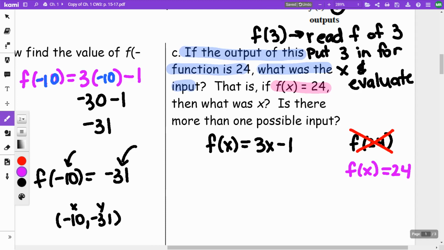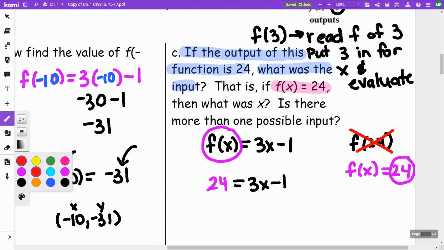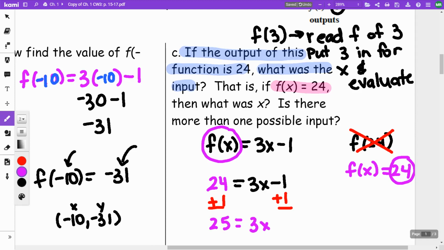So in place of this f of x, I'm going to put a 24. So I want to know what would make this equal 24. So I go 24 is equal to 3x minus 1. And I'm going to solve this equation. So I'm going to add 1 to both sides. I get 25 is equal to 3x.